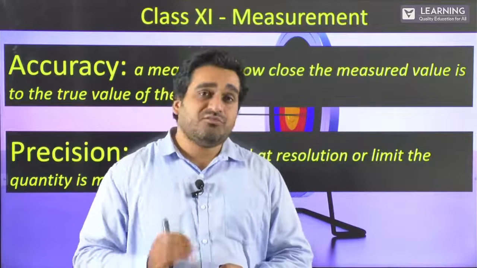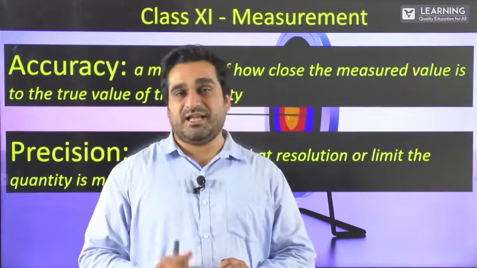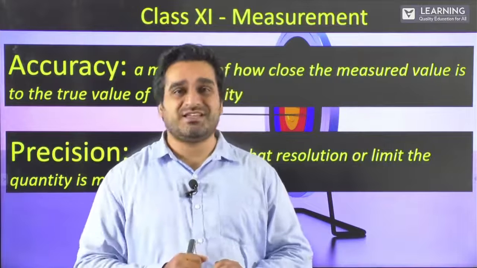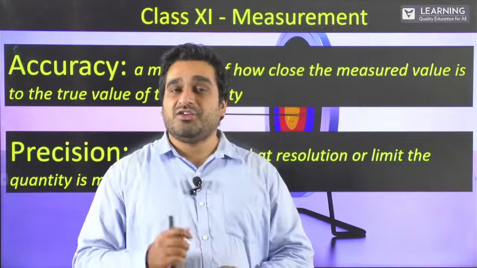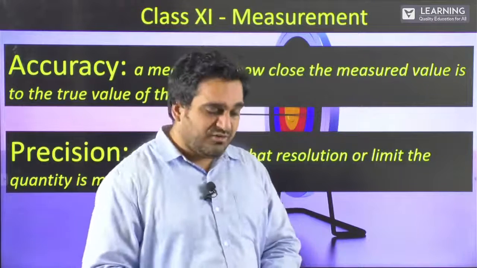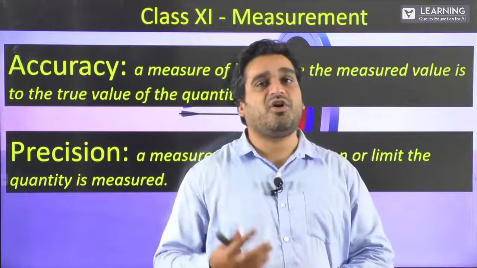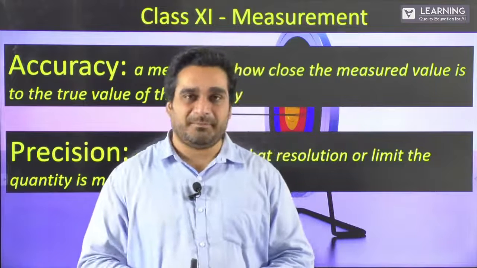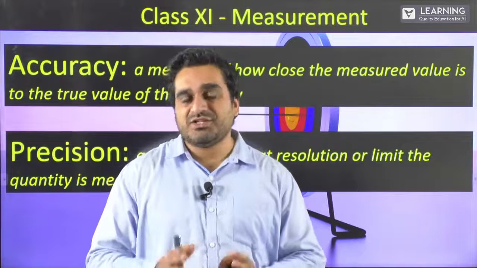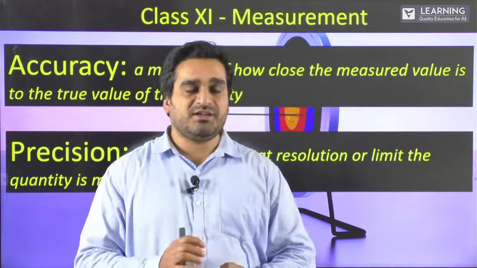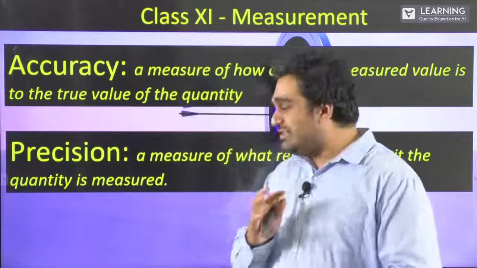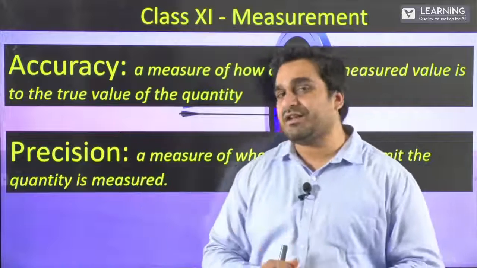If I want to measure more precisely, to 0.01 centimeter, you cannot just use a regular ruler. You have to use other devices such as an instrument called a Vernier Caliper. So the limitation of a given instrument tells you how precise the instrument is.